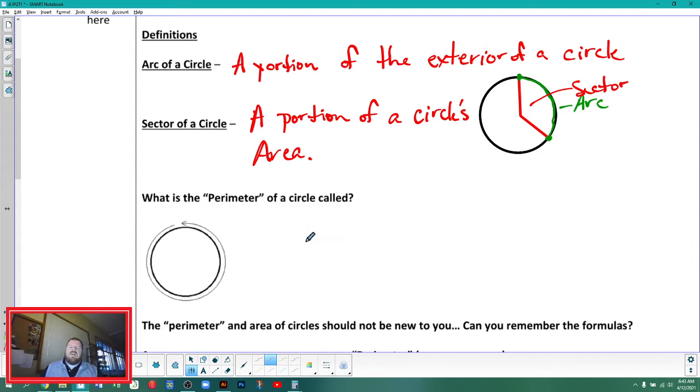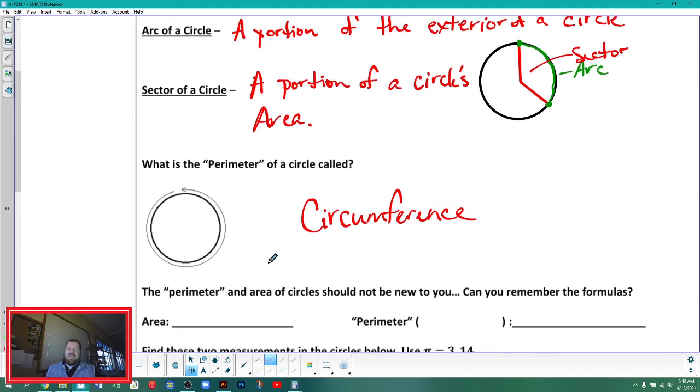Okay, perimeter of a circle is called the circumference. Now, thankfully, we have that off of our chest, because I dodged it for this whole page.